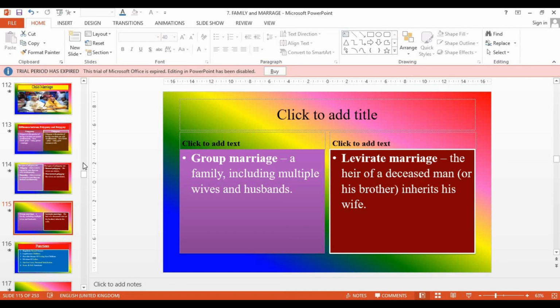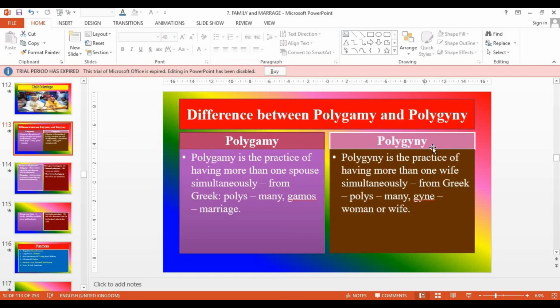Then group marriage, a family including multiple wives and husbands. Then levirate marriage, where a deceased man's wife is inherited by his brother. This difference is not important for examination.